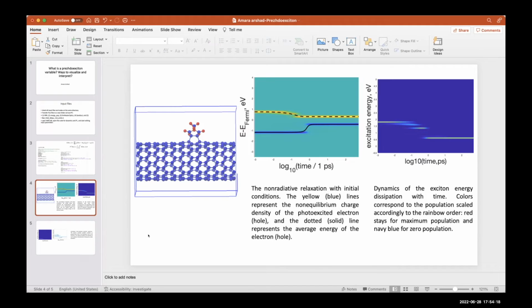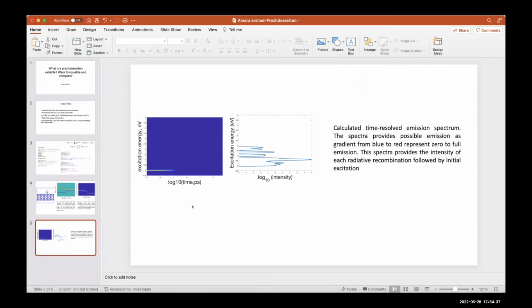So it is the dynamics of the exciton energy dissipation with time, and the color ranges from red to blue, where red is the maximum population and blue is zero population, and yellow means it is in between. And this is the time resolved emission spectra, and this is the time integrated spectra.